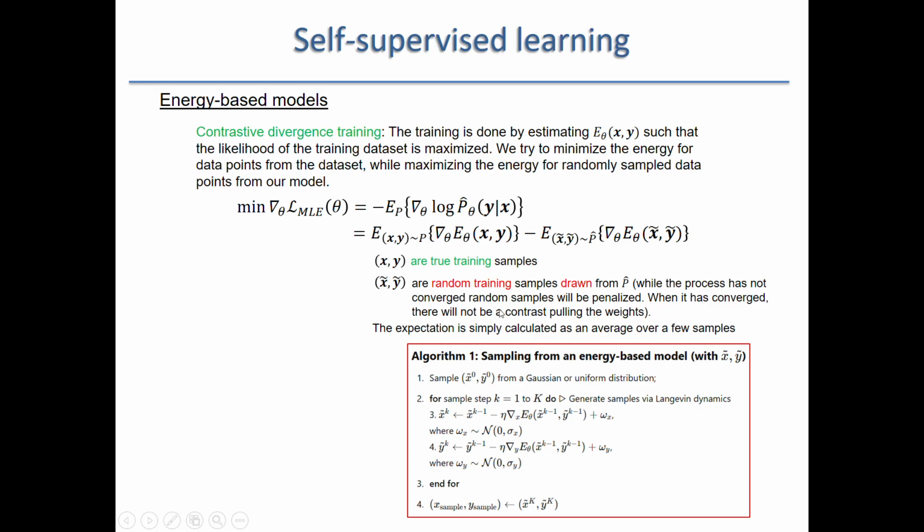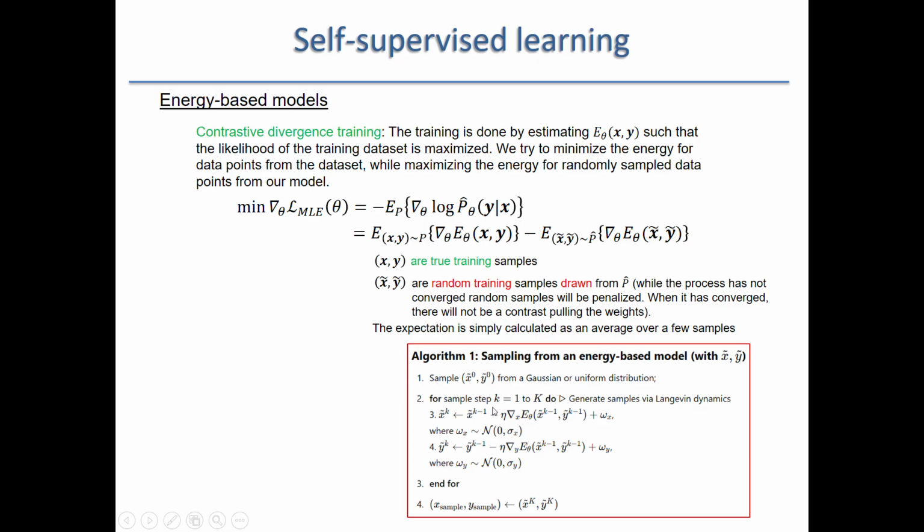So how do we generate random training samples? They are generated in this way, which is called Langevin dynamics sampling. We will start with random vectors coming from a Gaussian or a uniform distribution, and then we iterate for a few iterations.